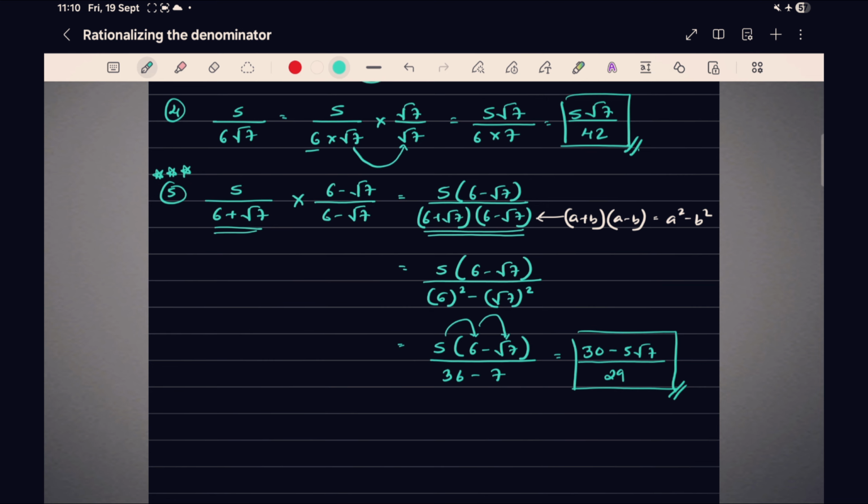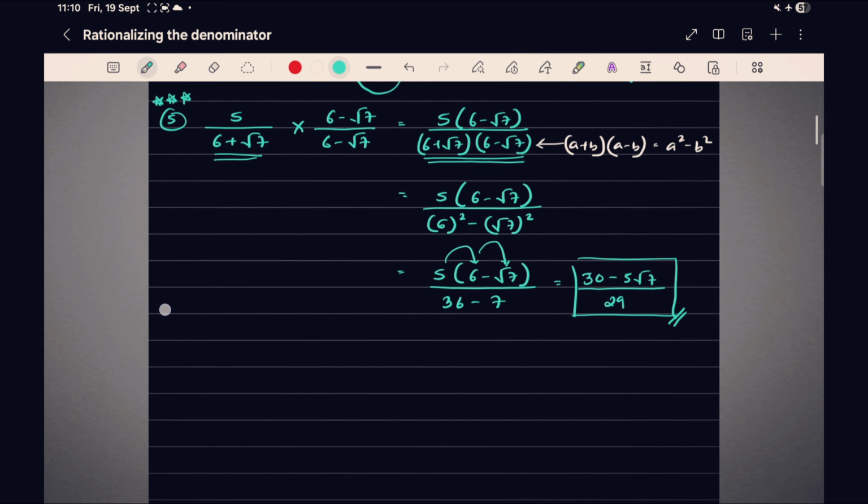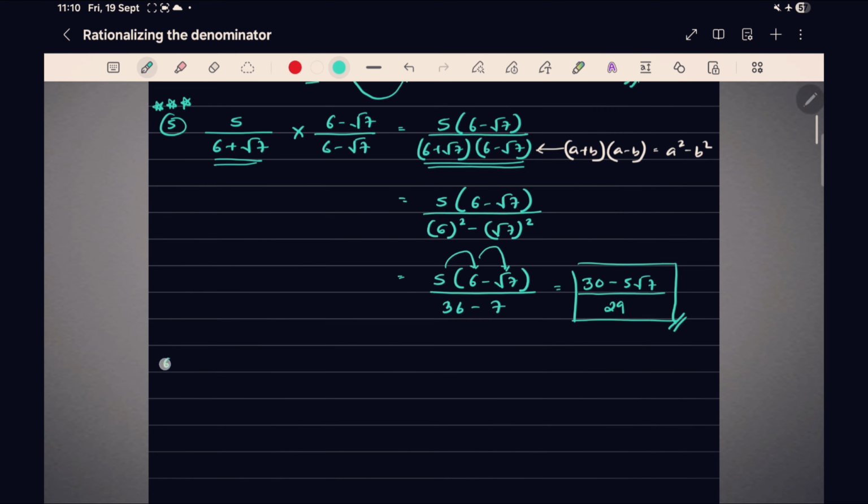Okay, let's try 2-3 more examples of the same kind. Okay, let's do the sixth sum, which is 4 root 3 upon 2 plus root 3. Okay, now you can see कि numerator and denominator दोनों में irrational number है.